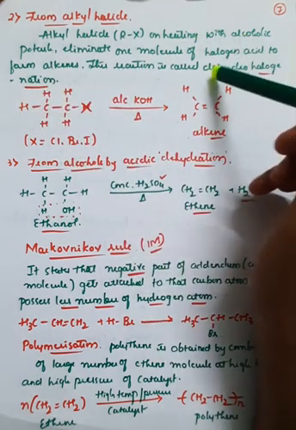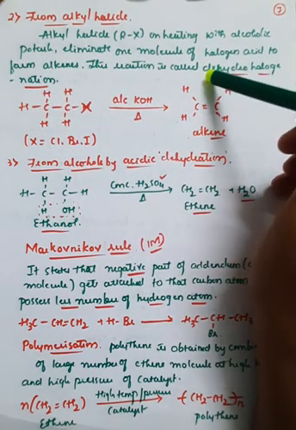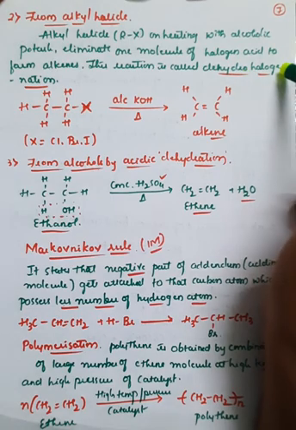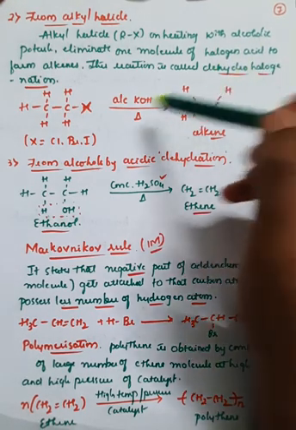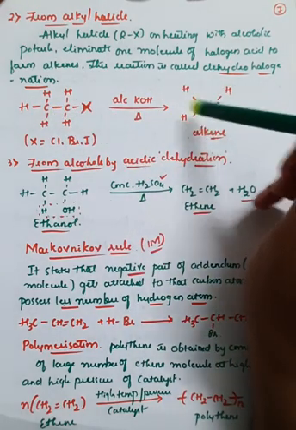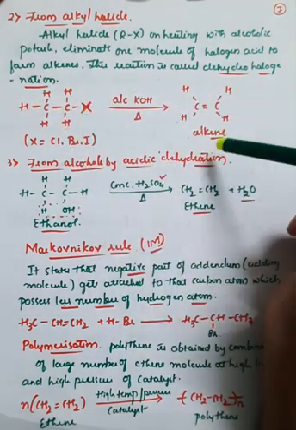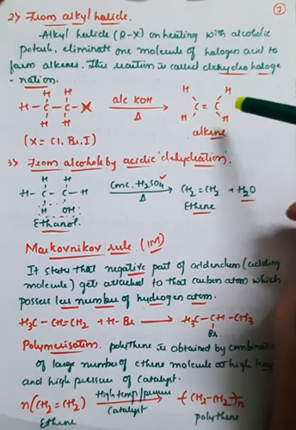Therefore we call it dehydrohalogenation. D means removal of hydrogen as well as the halogen atom. Therefore this single bond is converted into a double bond, so alkyl halides can be converted into alkenes, as I already explained.